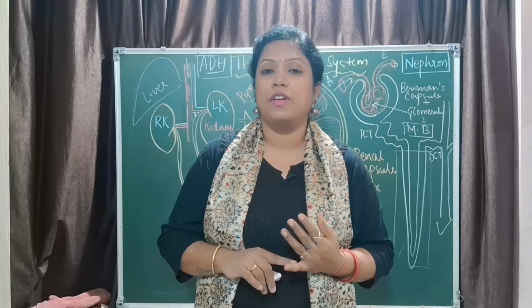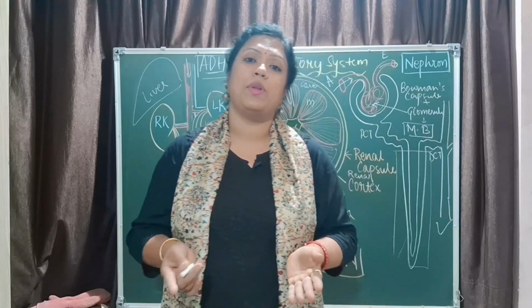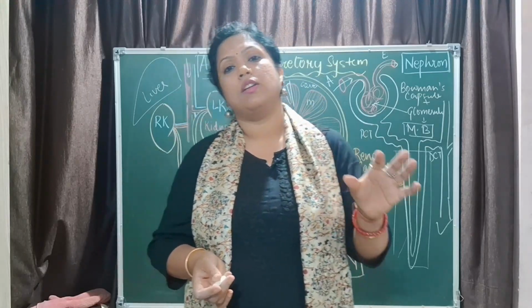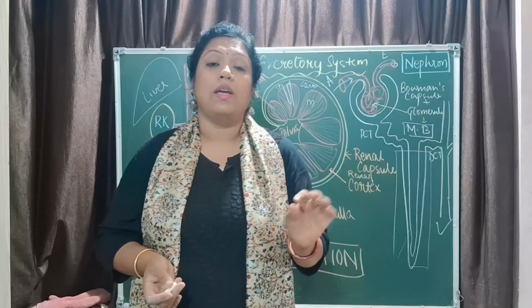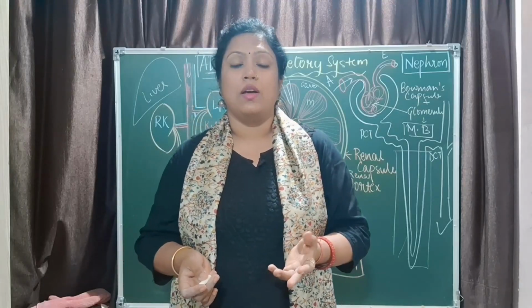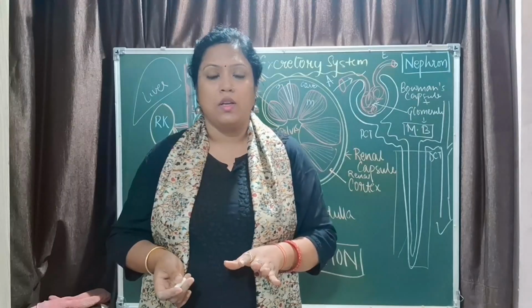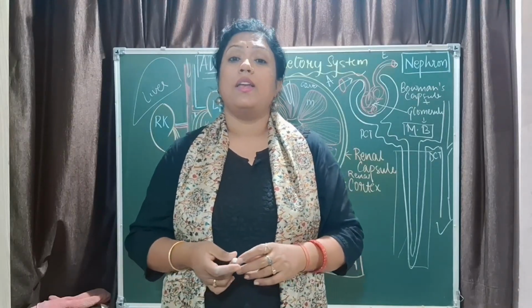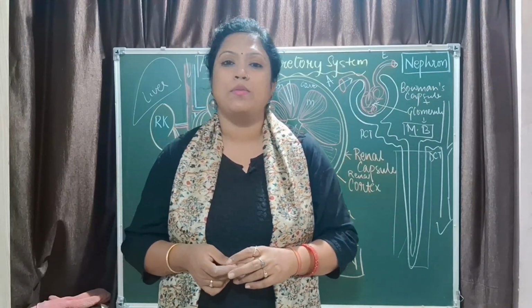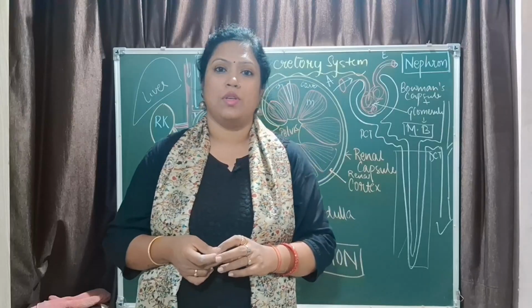The malfunctioning of the kidney leads to the release of albumin in the urine, hence the condition is called albuminuria. Then you have hematuria, where blood is passed out in urine. Then you have polyuria. Multiple times urination is called polyuria.